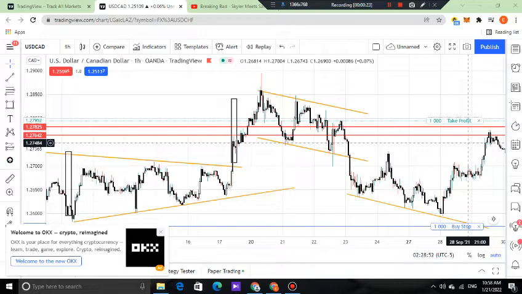When you hear about, for example, head and shoulders, you say, okay, there's a right shoulder, left shoulder, and a head, and it's a reversal pattern, and the target is as high as the distance between the top of the head and the neckline. Yeah, that's true, but the point is it's not just reversal.